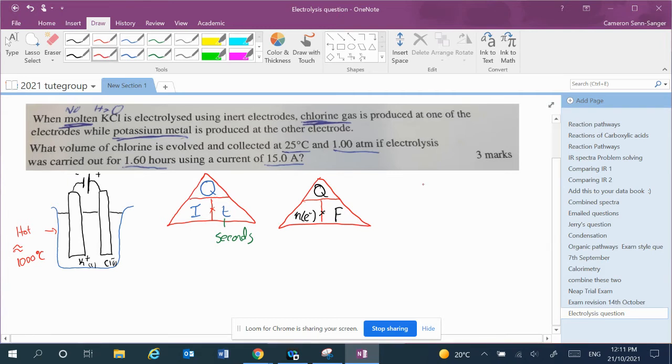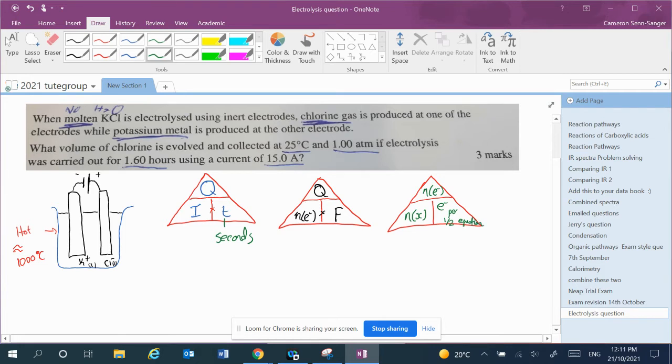And then our final formula triangle tells us that the number of moles of our substance X is going to be linked to the number of moles of electrons divided by the electrons per half equation.